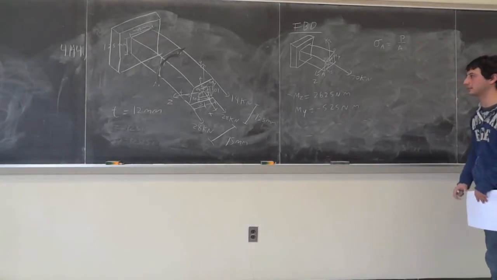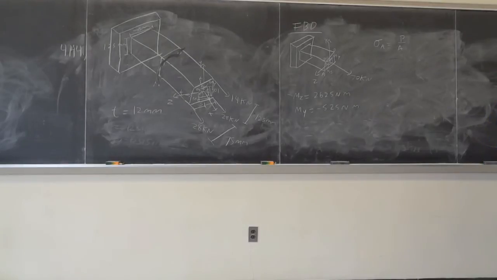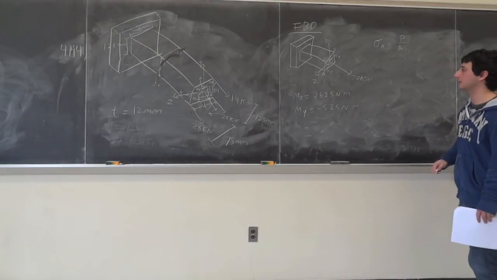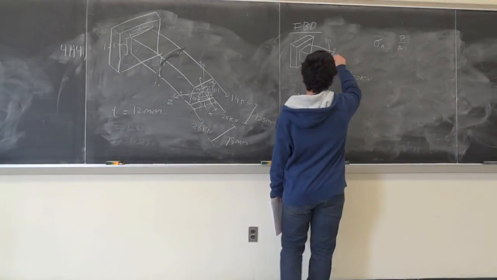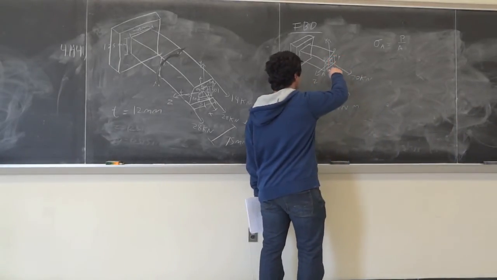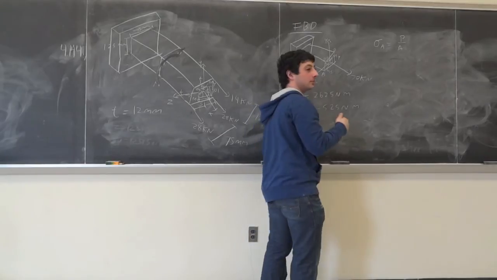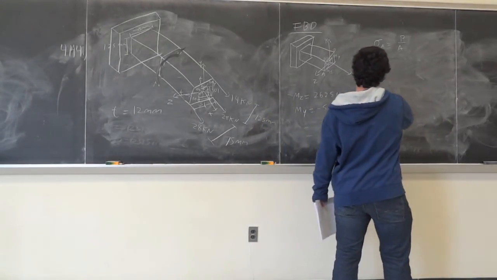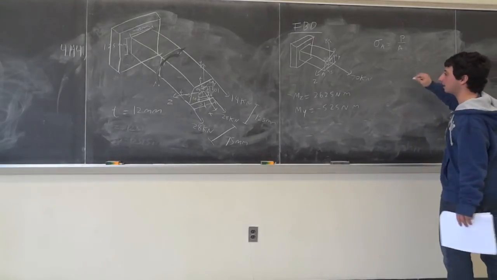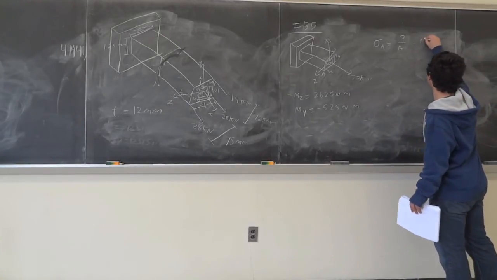Is it causing this point A to be in compression or tension? You see My, it's going clockwise. So this point over here is going to be in compression, right? If you're looking at Mz, it's in tension. So it's minus My.